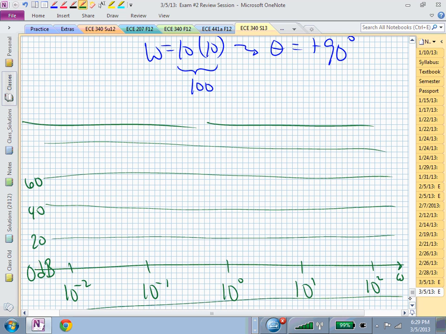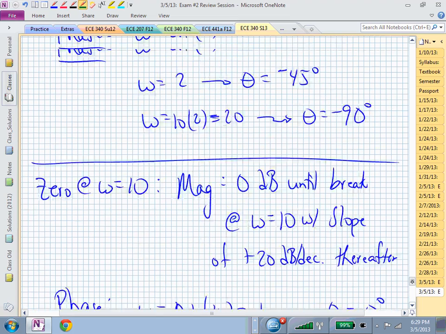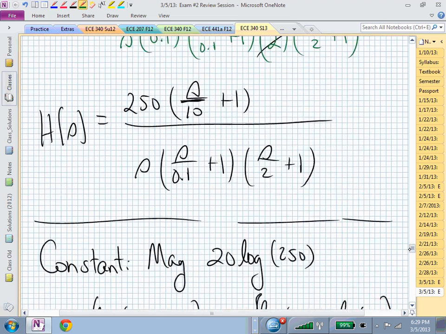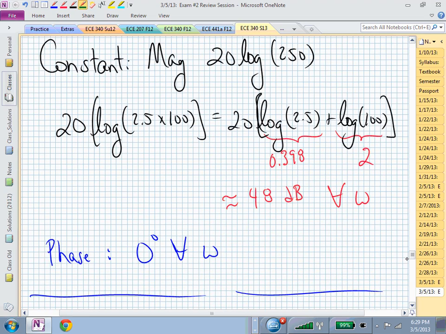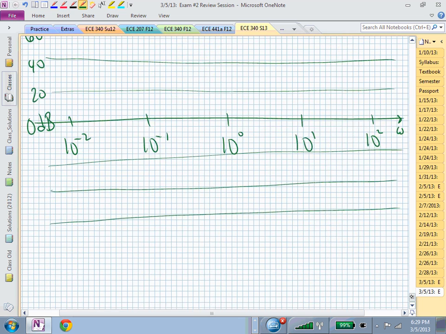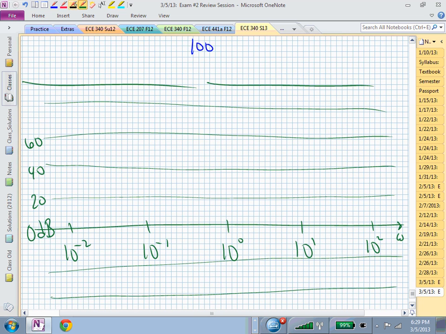Now I can go back to my verbal description of all of these, and I can say my constant. What was my constant? My constant gave me a 48 dB curve. I can now come down here and draw just a straight line at 48 dB. That's my constant.